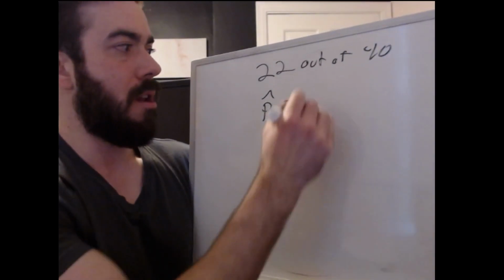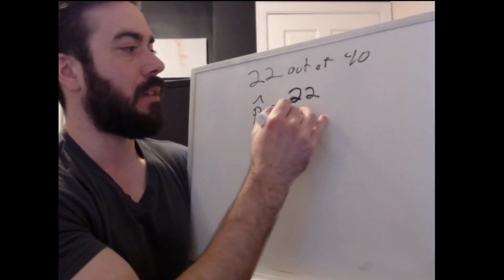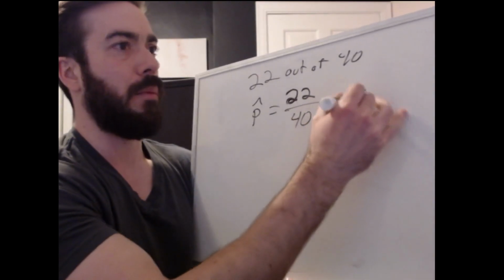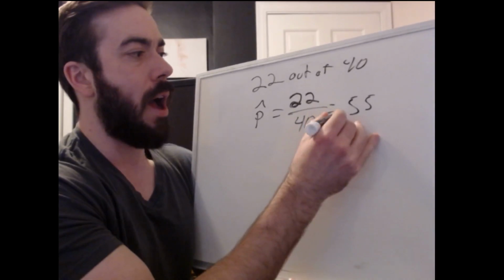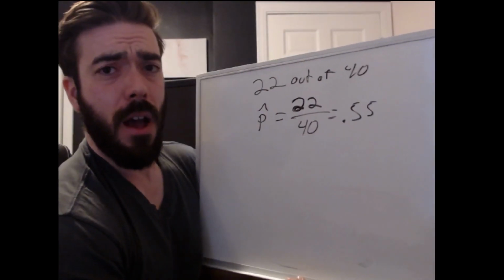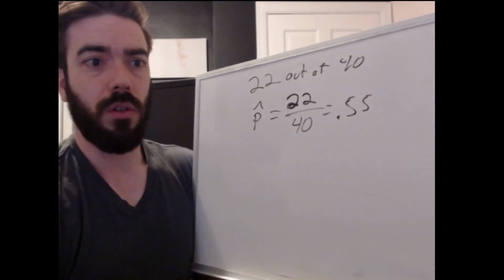It's just the number of successes, whatever I'm looking for, divided by the total number I sampled. And that would give me that sample proportion of 0.55. So I might not directly give you what that is like I did in this problem, but as long as I tell you this many out of this many, you can find the sample proportion.